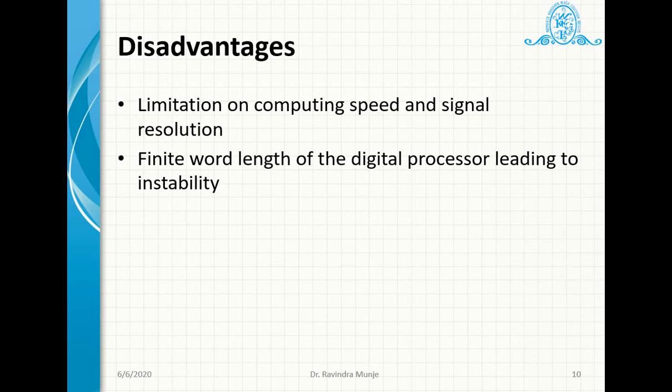Then we have seen the block diagram of the digital control system or discrete time control system. Then we have seen an example with the speed control of a DC motor with the help of a controlled rectifier. After that, we talked about the advantages and disadvantages of the analog control system, and then the advantages and disadvantages of the digital control system. So these are the topics that we have covered in this lecture.